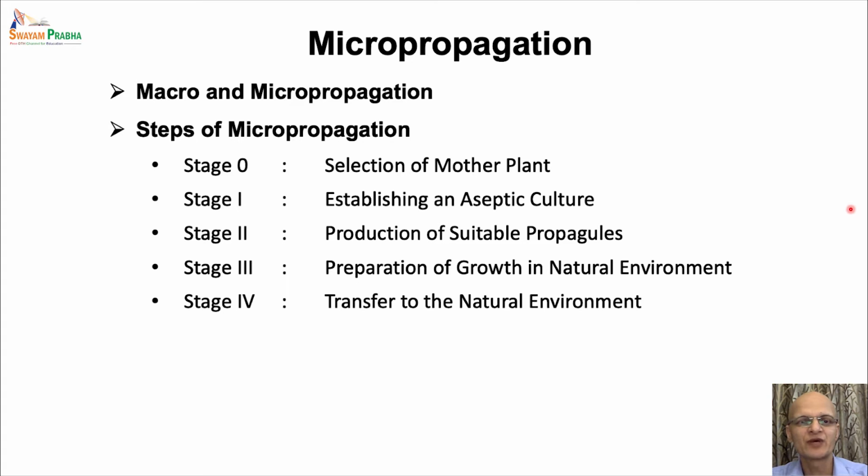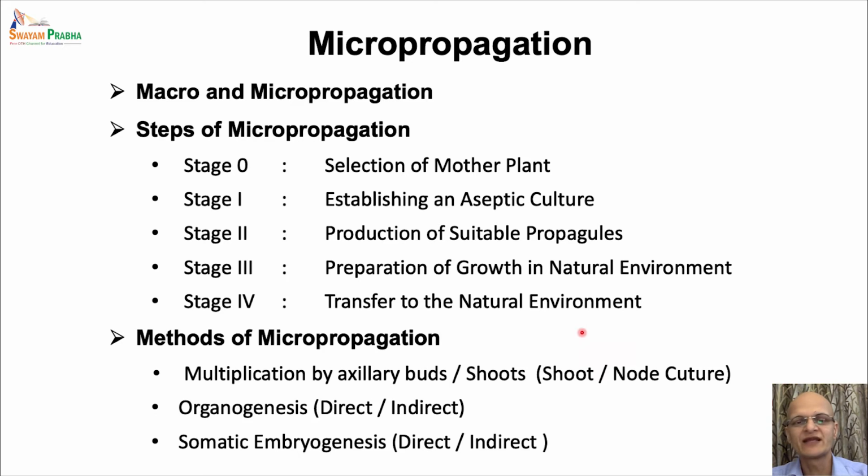Right from the stage 1, where selection of the mother explant is required, then followed by the explant preparation, its inoculation or initiation of the aseptic culture, followed by production and multiplication of the suitable propagules. That's like mostly the shoots. Once we have these propagules, we need to prepare them to transfer to the natural environment. That is, we need to initiate the rooting and finally the actual transfer to the natural environment.